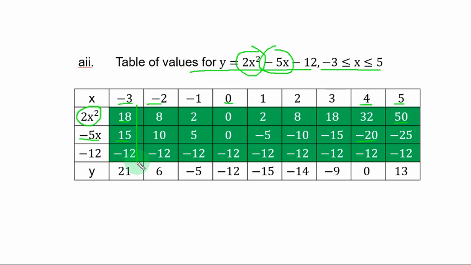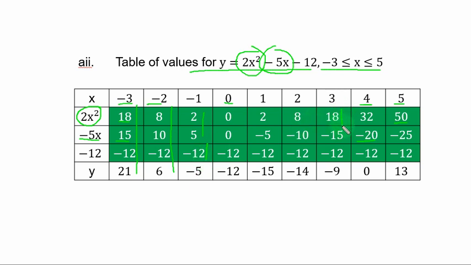So you have 18 plus 15. That is 33 minus 12. You have 21. If you add 8 plus 10 is 18 minus 12, you have 6. 2 plus 5, you have 7. 7 minus 12, you have minus 5.